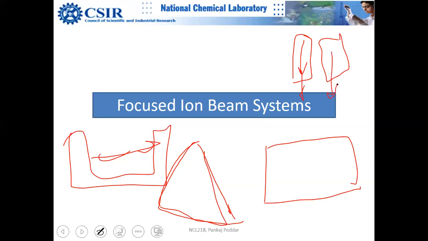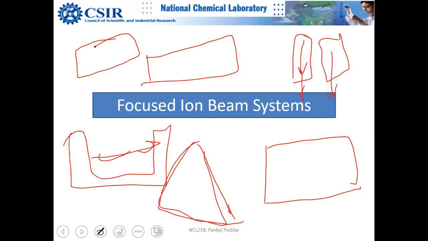Another very beautiful use is, suppose you have a thick sample. You went to the hill behind your hostel, if you have seen NCL, and you found some rock sample, or you might have made some composite structure in your lab, and you know that there is a gradation in the stoichiometry as you go depth-wise.